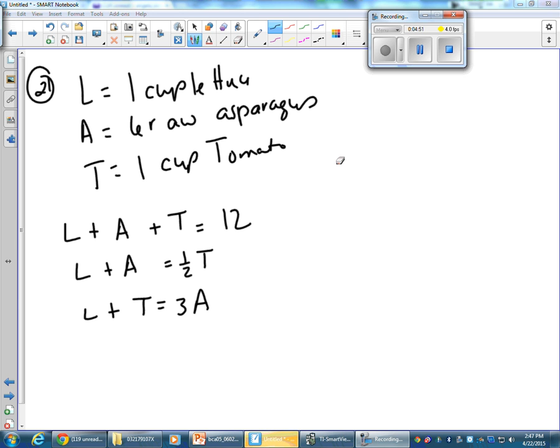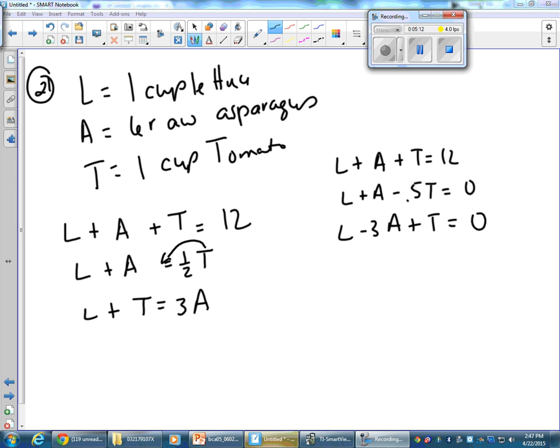I'm going to line these up just like I did in the last one. L plus A plus T equals 12. L plus A minus 0.5T equals 0. I just moved the T to the other side and made it 0.5 instead of a half. And L minus 3A plus T equals 0.